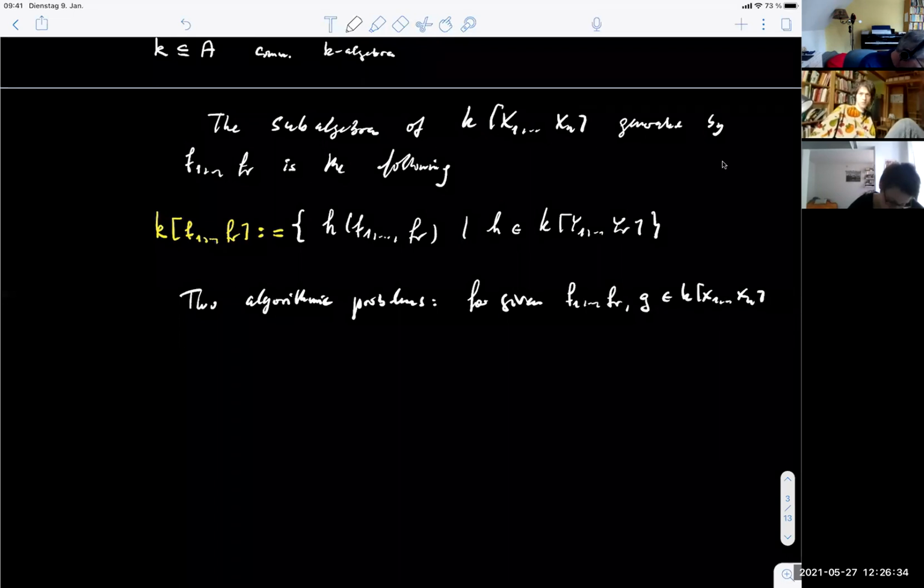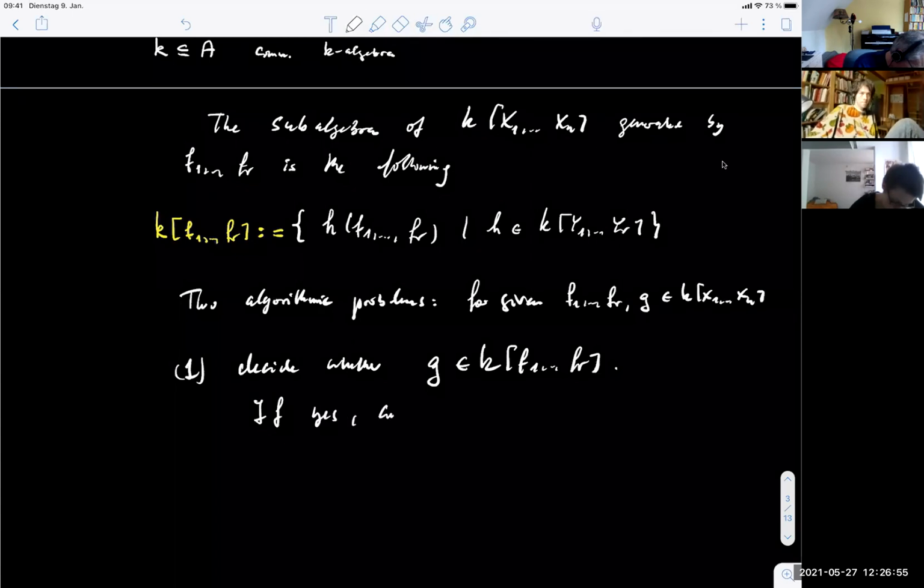One is to decide whether g actually lies in this subalgebra. And if yes, compute an expression h such that g is h substituted.